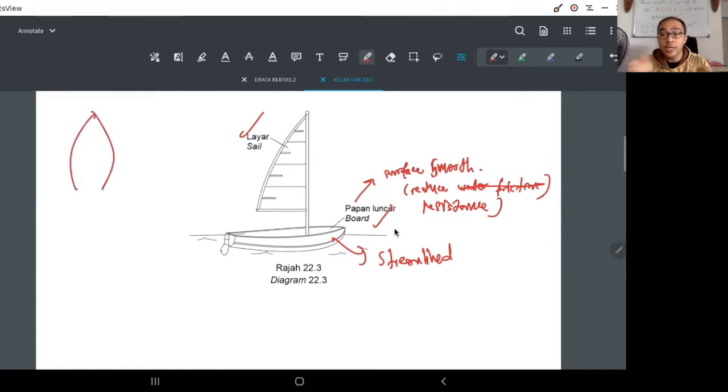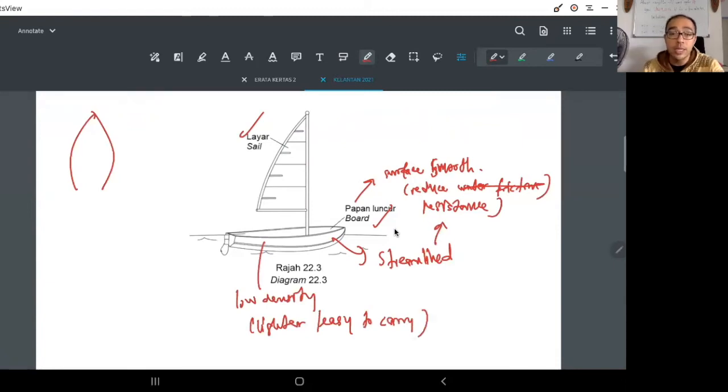Streamline, also the same reason, to reduce the water resistance. Thirdly, generally both the sail and the board can also be low density. When we say low density, it's always the same lah, so that it is lighter, easier to carry. In this case, we want it to be easier to carry, not like a submarine. Submarine not so good lah.